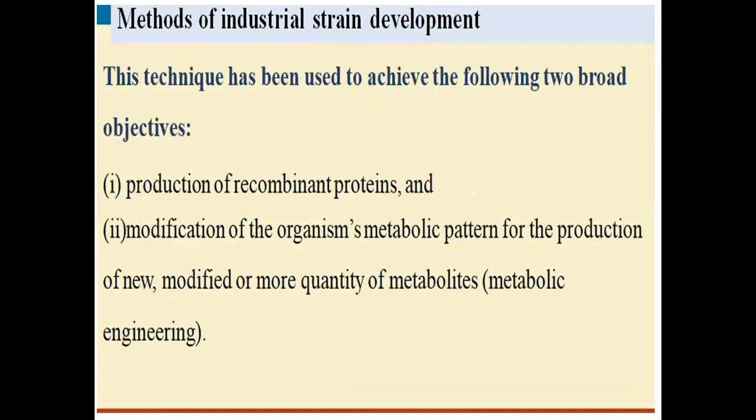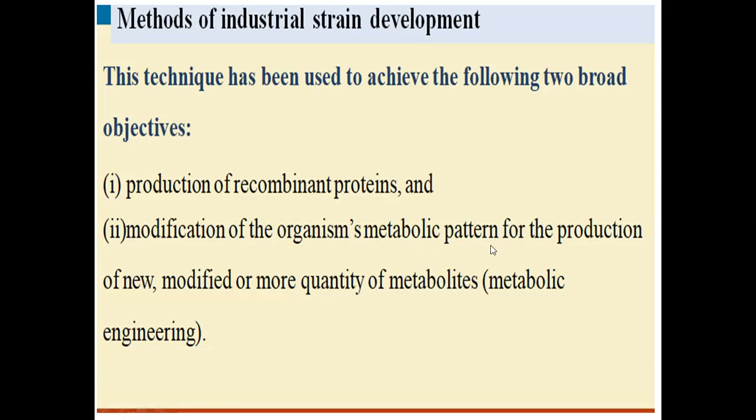So you know recombinant DNA technology very well. Why recombinant DNA technology is most widely used to improve strains is for production of recombinant proteins, and by using recombinant technology you can do modification of metabolic patterns.